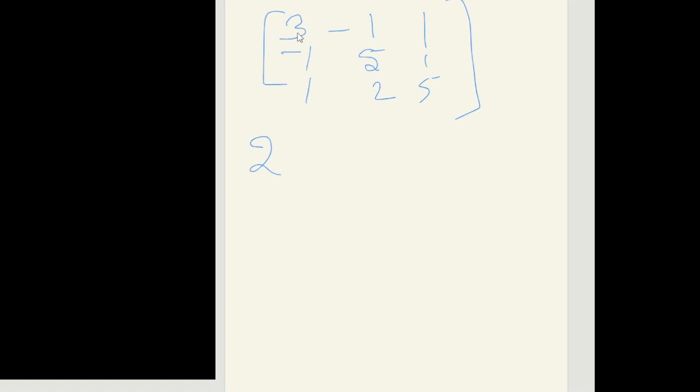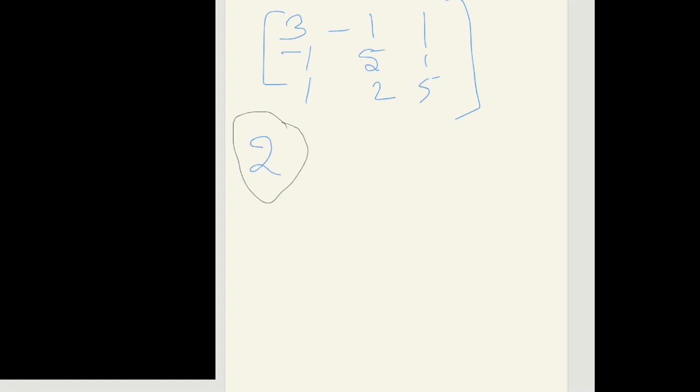We have the matrix 3, -1, 1; -1, 5, -1; 1, -1, 3, and we know that 2 is an eigenvalue. We want to find the other eigenvalues. Is the problem clear? We are not allowed to use the characteristic equation.